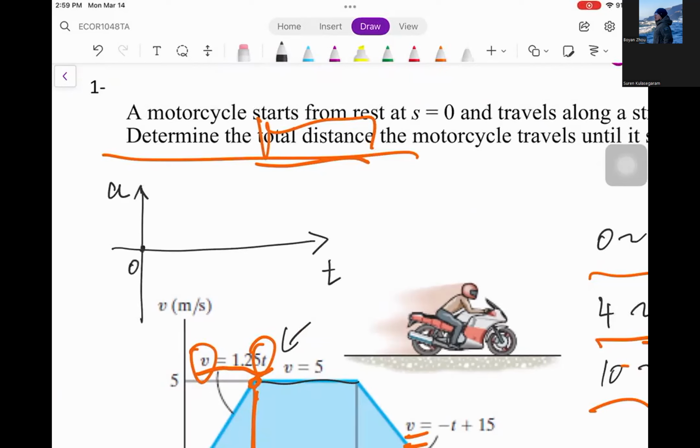So the x-axis is going to be the time in seconds, from 0 to 4, 4 to 10, and 10 to 15. From 0 to 4 is 1.25. And then the speed is not going to change, so the acceleration is 0. And from 10 to 15 is -1, so it can be like this. So that is the AT diagram.